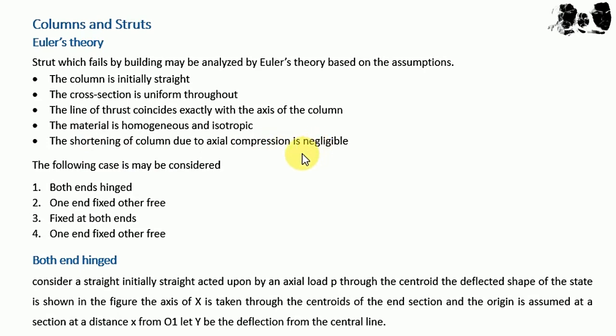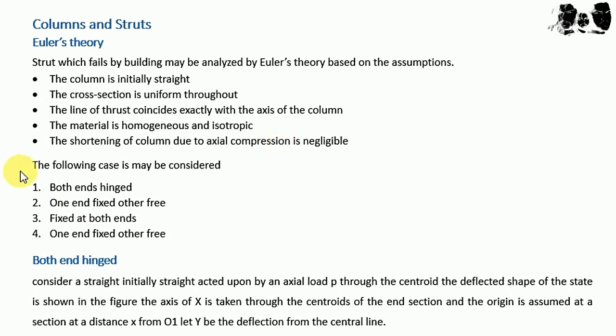What does that mean? However much the structural load increases, we can't assume in the analysis that the column is going to be shortened. If the length of the column is L, then in no condition is L going to be shortened after or under loading.